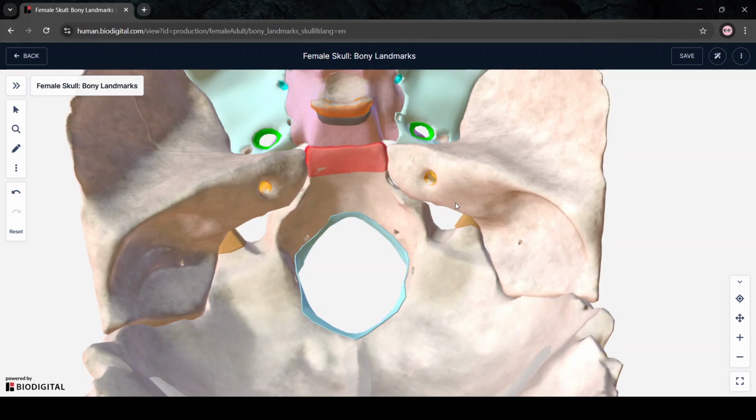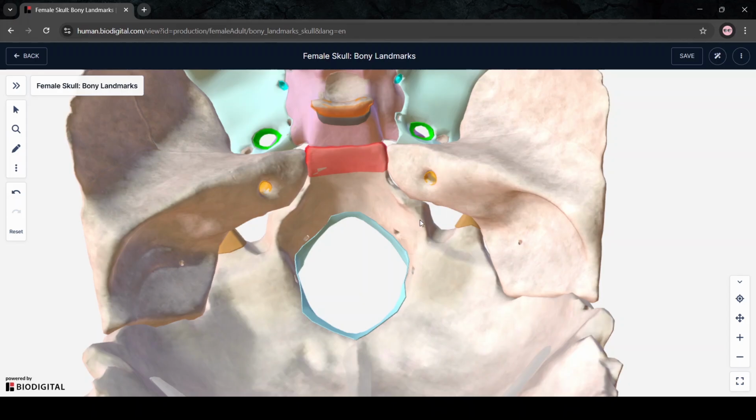Even though its name is just jugular foramen, it does not just carry the jugular vein, sadly. It carries a lot of vessels and nerves. It carries cranial nerves 9, 10, 11, and the superior bulb of the internal jugular vein. So, the jugular vein and cranial nerves 9, 10, and 11 all pass through the jugular foramen.